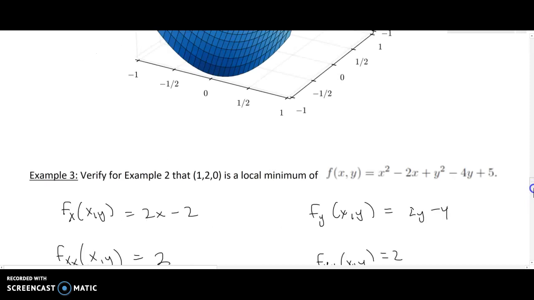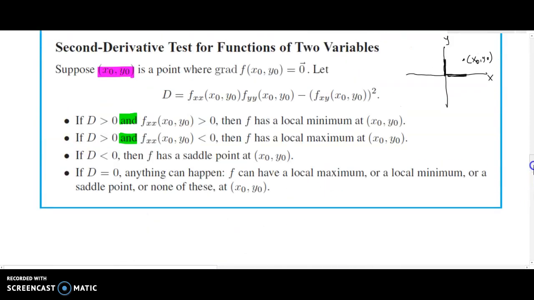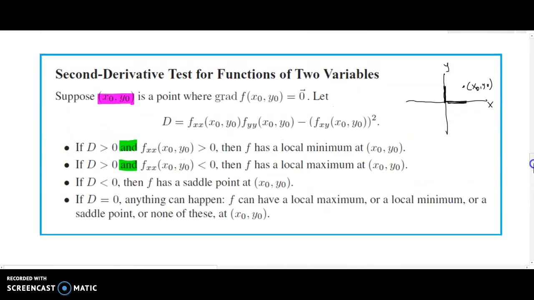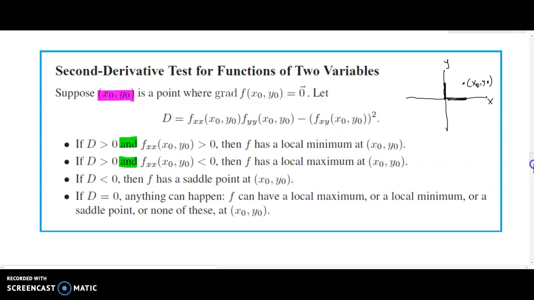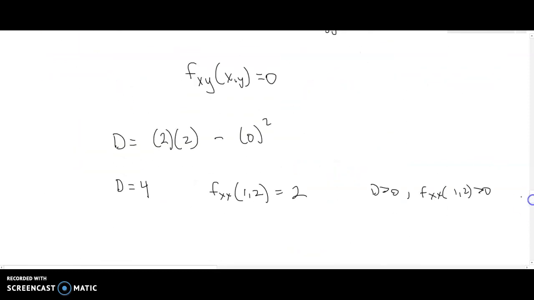And what conclusion can we draw from that? Well, from the table, if D is bigger than 0, and the second partial derivative at that point with respect to x is bigger than 0, then f has a local minimum. So we can confirm that the point (1, 2, 0) is a local minimum.